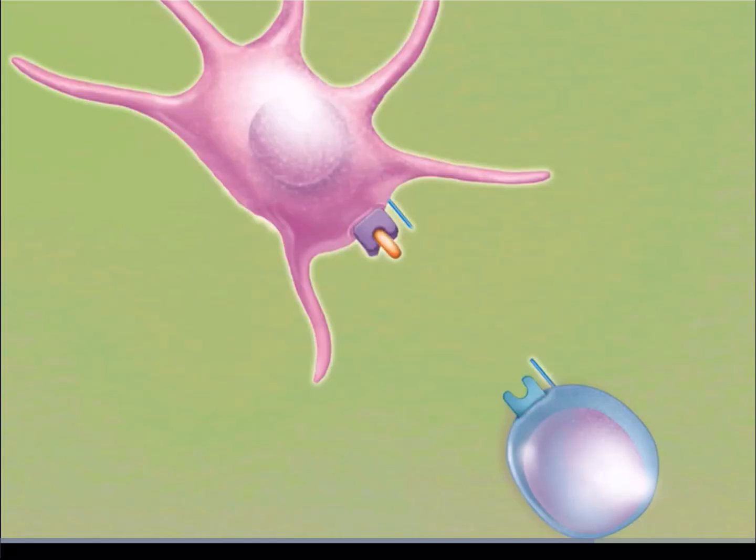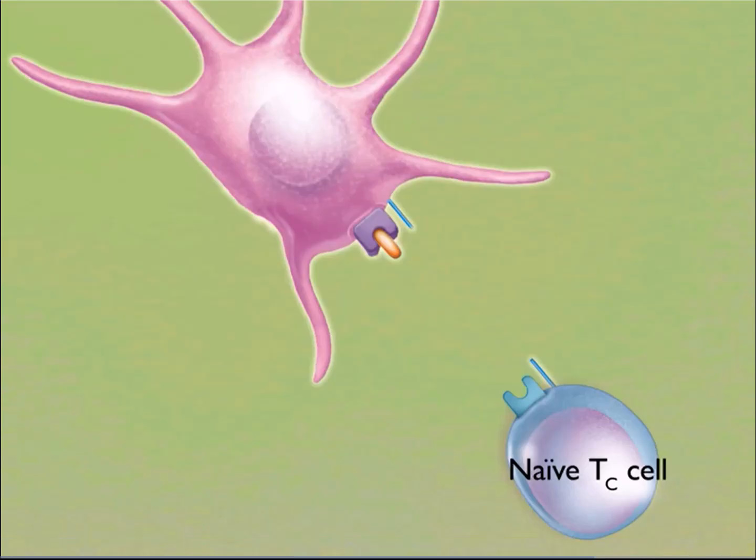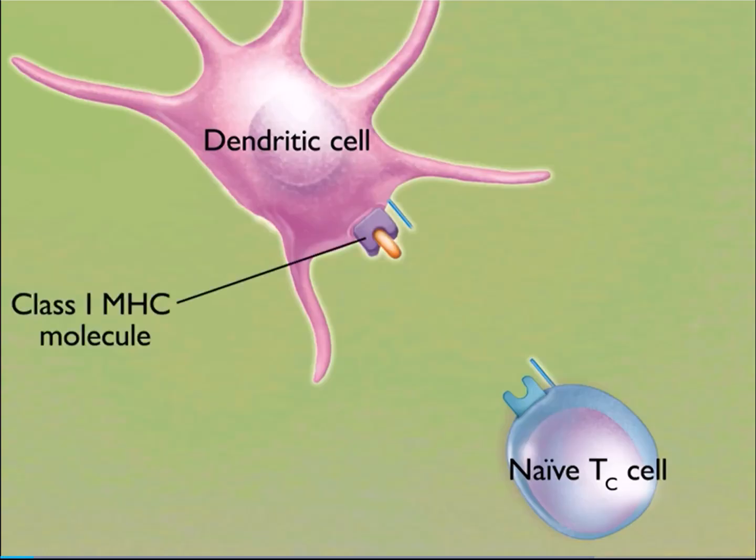The primary function of cytotoxic T cells is to kill abnormal cells, such as those infected by viruses. Cytotoxic T cells become activated in lymphatic tissue by recognizing antigens presented by dendritic cells, a process called clonal selection. Dendritic cells display class I MHC molecules in addition to their class II MHC molecules we discussed in one of the previous animations.